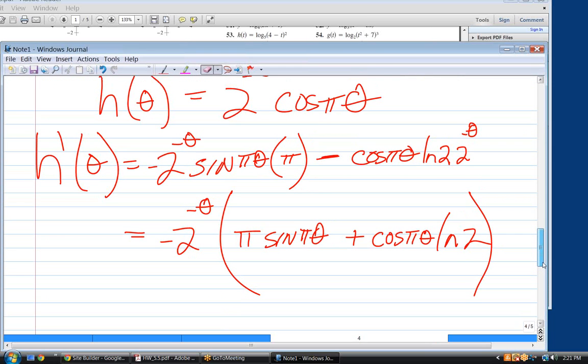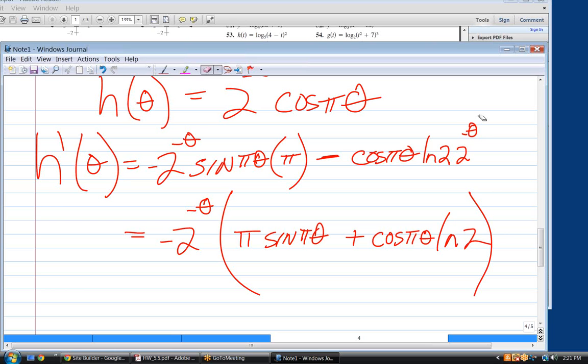Cosine pi theta plus pi sine pi theta. I just find it odd that she put the natural log in there first. Well, that was my inclination, to put it first, because that's just a number, and usually you put the coefficients first. The only reason I don't like doing that is because it's kind of hard to tell what the argument of the log function is when you do that.